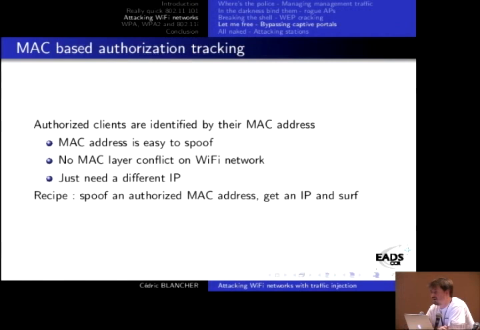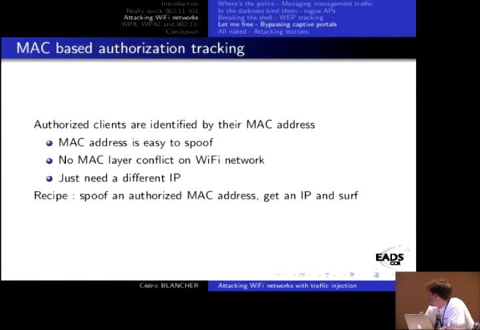Ethernet switches don't like having the same MAC address on 2 different ports, so they get cheeky or deactivate ports. But on a Wi-Fi network, or a wired network with a hub, it's no problem. 2 stations can have the same MAC address.